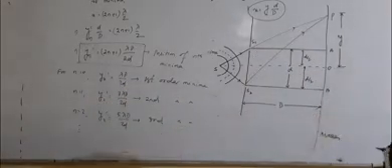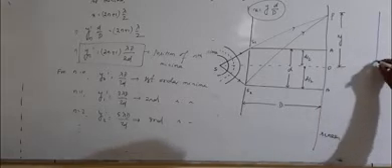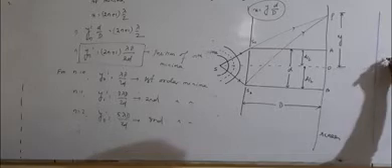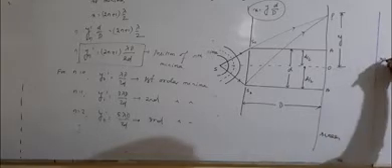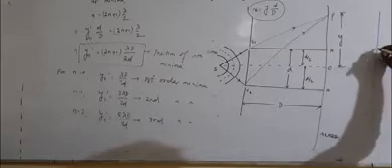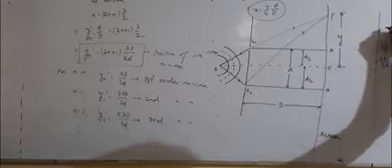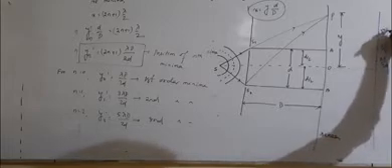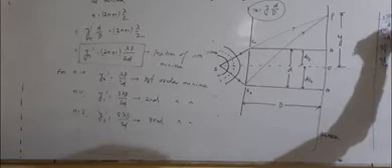Again I draw, suppose this is the screen center, this position I am taking as lambda D by 2d, this is lambda D by d, 3 lambda D by 2d, 2 lambda D by d, like this.